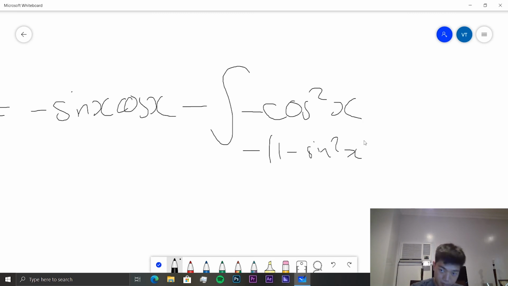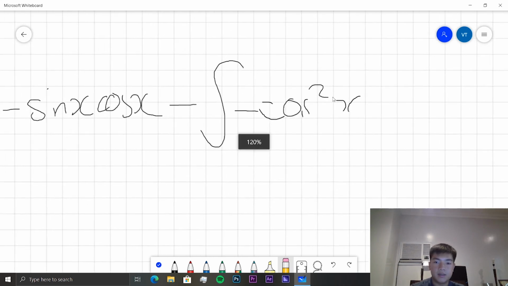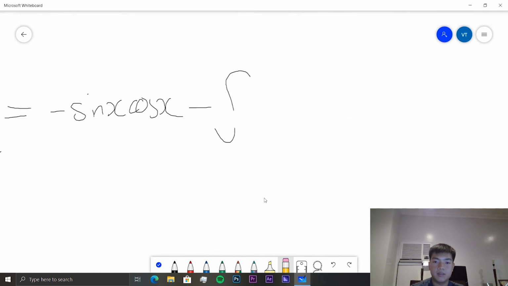So we get that this is equal to negative sine x cosine x plus the integral of 1 minus sine squared x. And so we can split apart this integral. So we get plus x minus the integral of sine squared x.